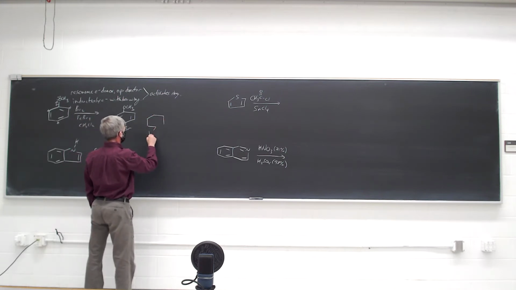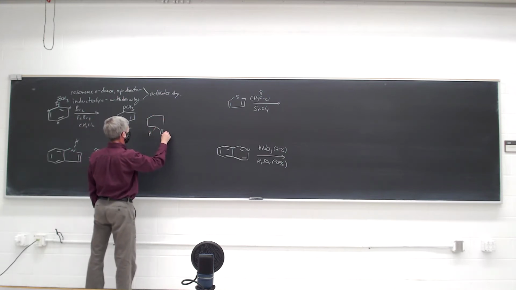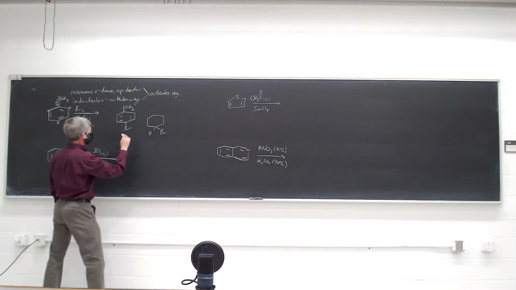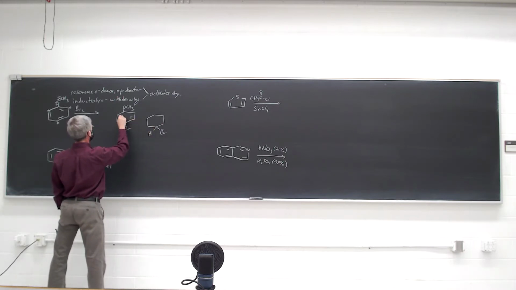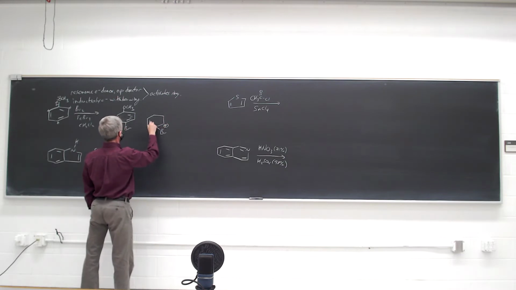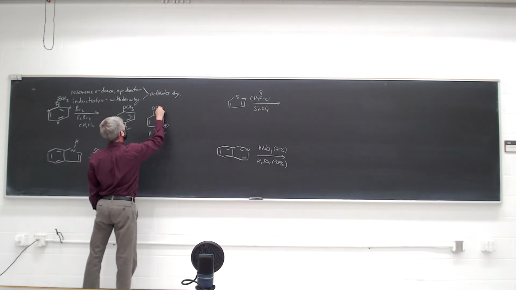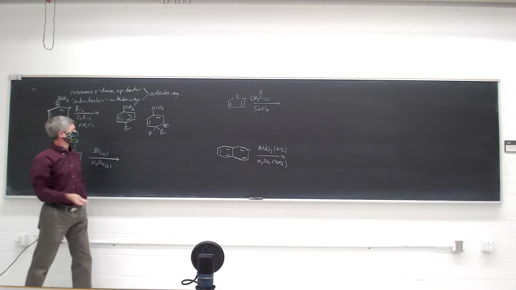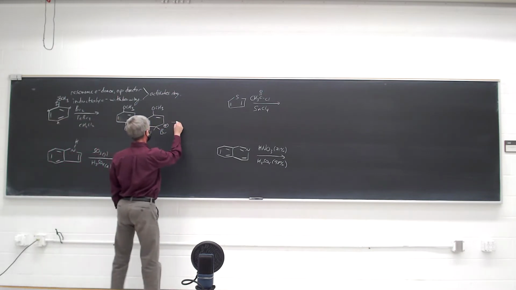To explain that, let's look at the intermediate that results from attacking that para position. I didn't need to move those bonds. So that's going to put a positive charge there. But it can also put positive charge on these two locations.